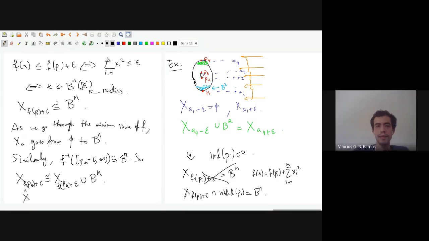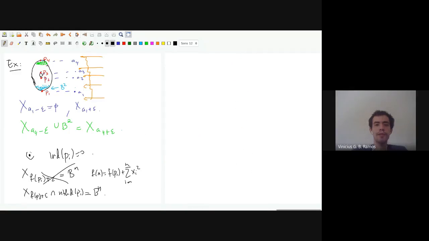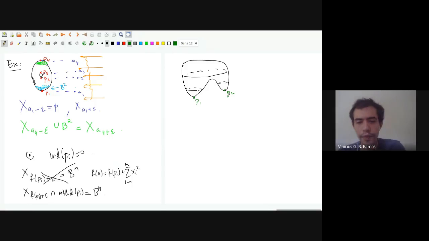So let me give you an example. Like if you have, I don't know, something like this. And say this is your P1, this is your P2. So when you look at X of f of P2 minus plus epsilon, then you're going to be at a level here.